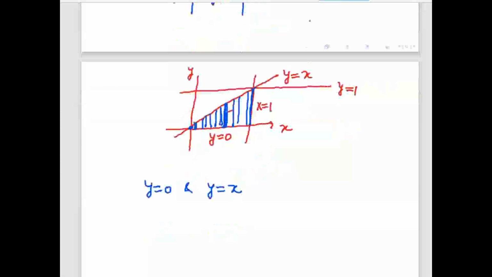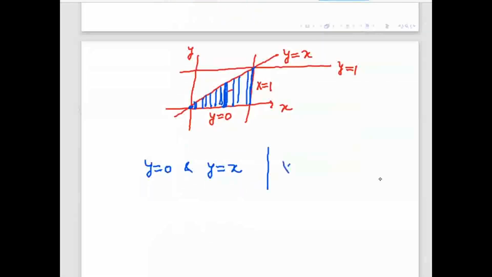We will start this strip at x equal to 0, and end at x equal to 1. So when we take a vertical strip, the bottom is y equal to 0, the upper is y equal to x, but it will go from x equal to 0 to x equal to 1 in order to cover this.